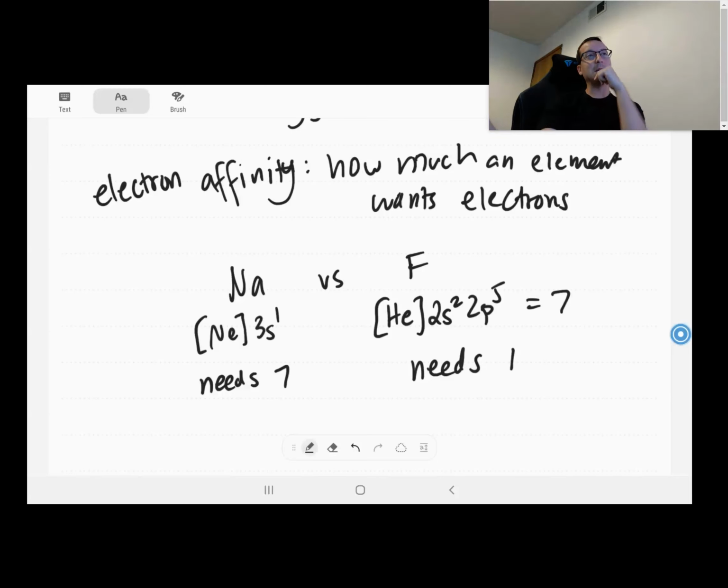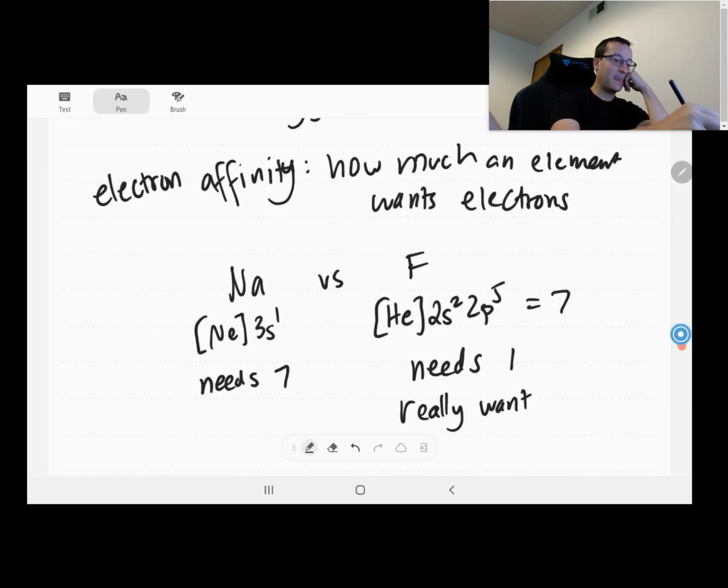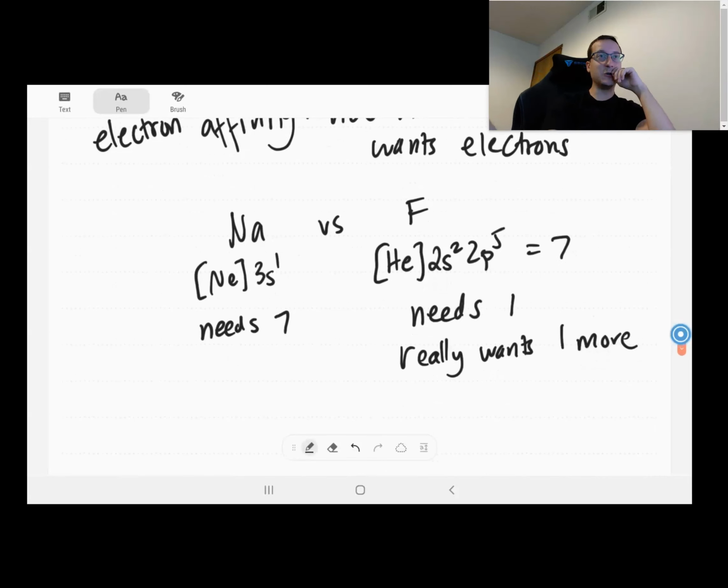Which one of these two elements do we think really wants to get electrons? Yeah, so we're going to say that this really wants the one more. All right, and if this were to get one more electron, what would its charge be?